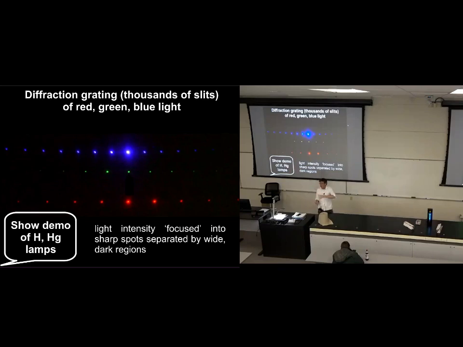And diffraction grating means you're going to look at the diffraction pattern from a huge number of slits. So these patterns that you see here are made with a diffraction grating that has thousands of slits, which the light is passing through, and in particular spots interfering constructively, but in between is just these big deserts of destructive darkness.